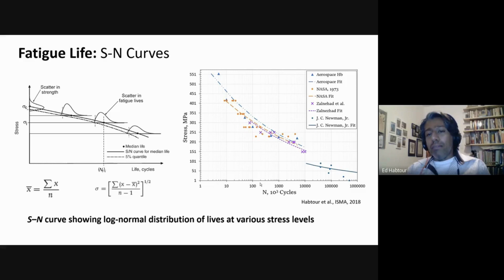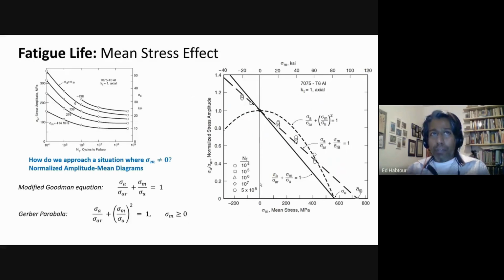To deal with this kind of variation and the mean stress effect, there are various techniques that can be employed. Here I show another example where you have a bunch of SN curves for different means.